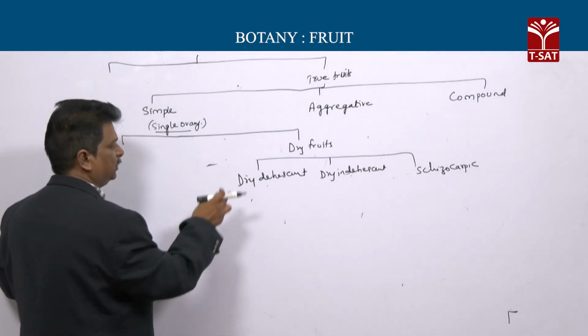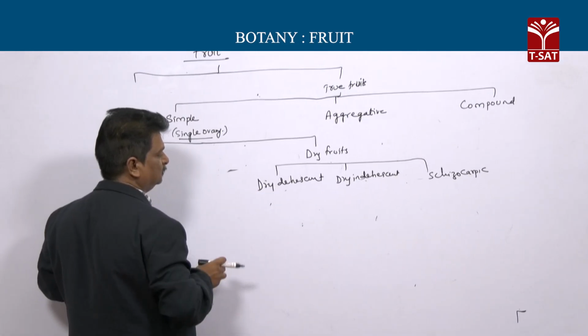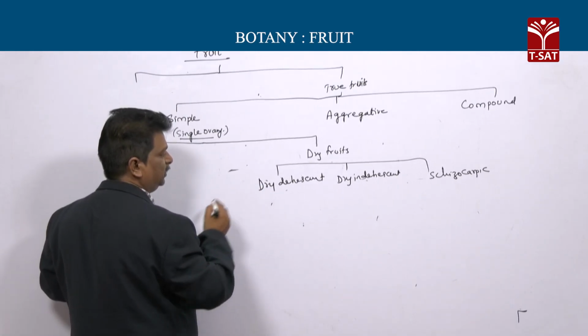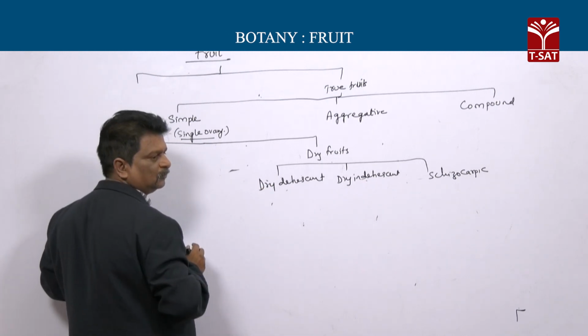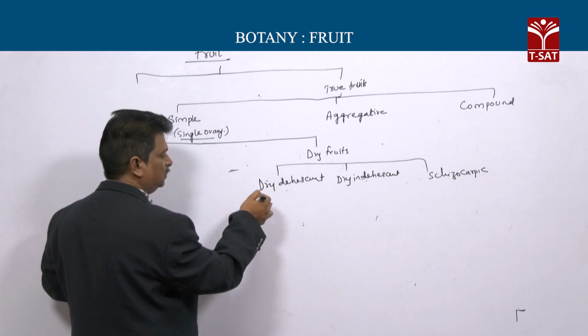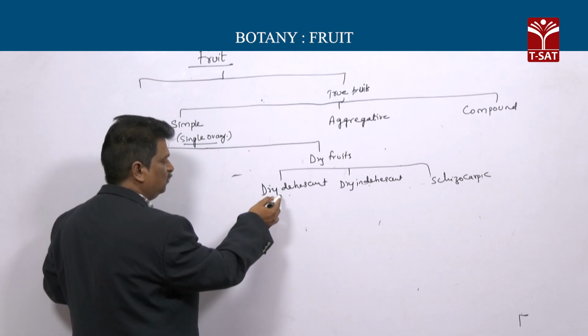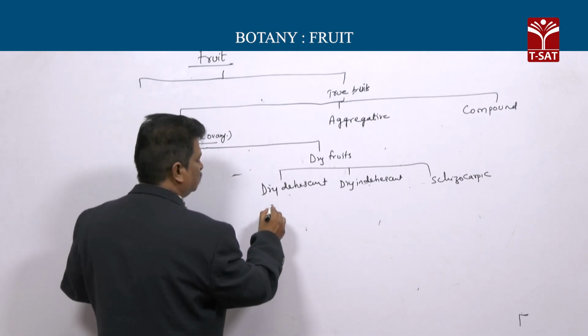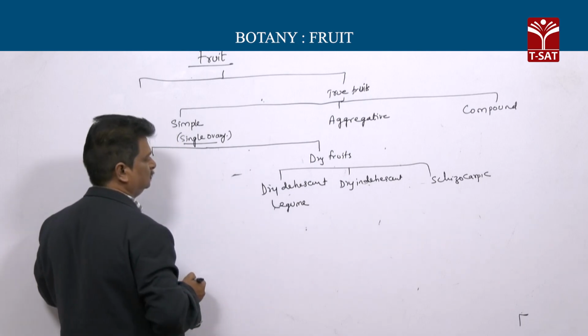These are 3 types of dry fruits. In this, first one, dry dehiscent. Dry dehiscent means pericarp is dry at maturity and the pericarp is involved in liberation of fruits, called dry dehiscent.